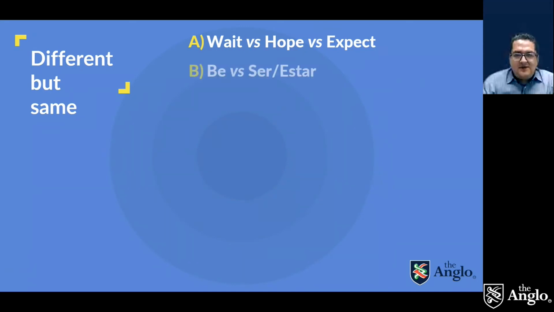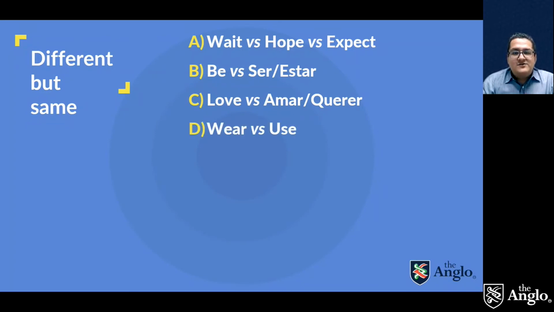Well, hello, people, they have the verb to be, which we translated into two different verbs, ser or estar. Also, we have love. Well, they have love, and we in Spanish, we have amar and querer. If you know that Jose Jose song, you know the difference, obviously. And also letter D, where versus use.